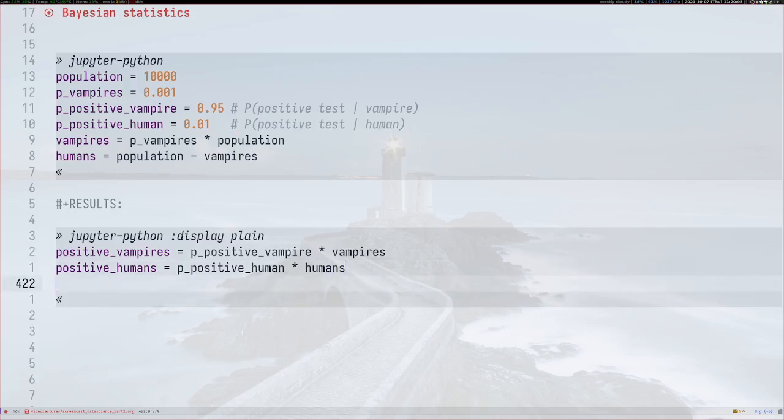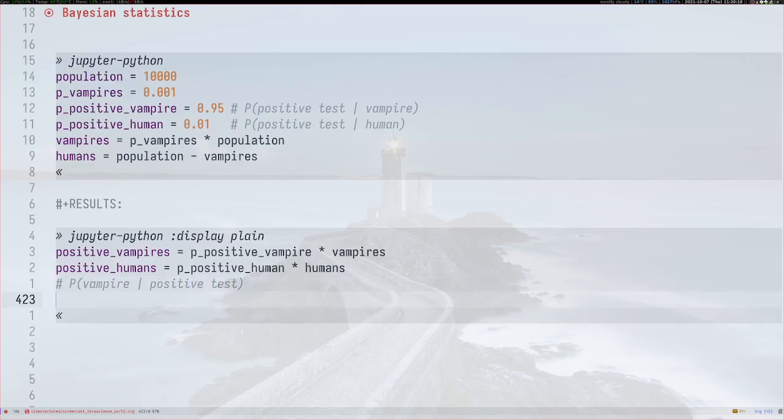Now the thing that I want to know is, what is the probability that someone is a vampire conditional on a positive test? This probability is the number of positive vampires divided by everybody who's positive, so positive humans plus positive vampires.